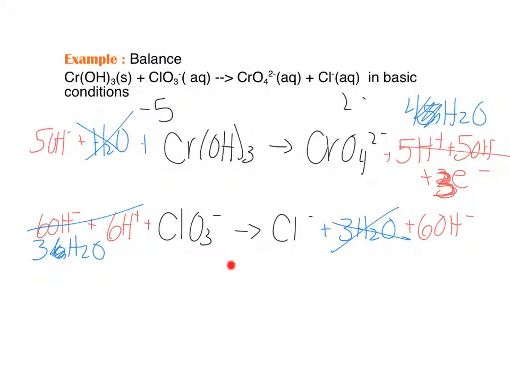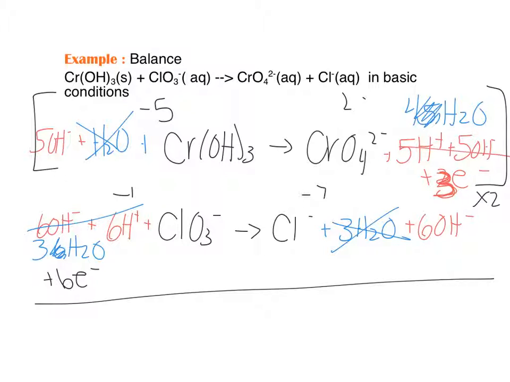In our reactants over here, looks like a -1 charge. And overall in our products, it looks like a -7 charge. So we need to add 6 electrons over here. So multiply by 2, add it up.